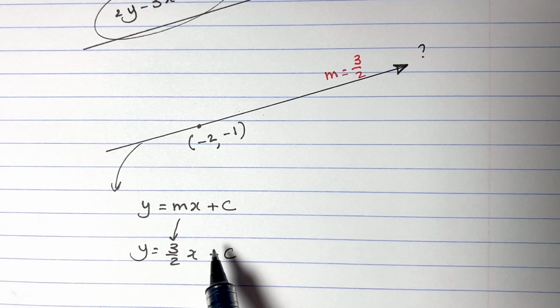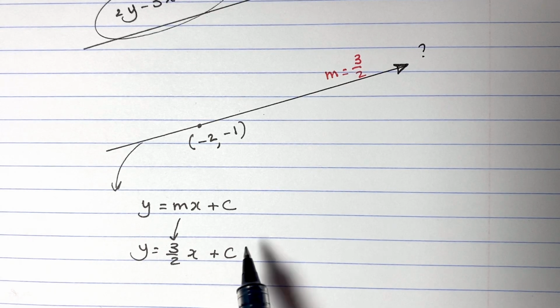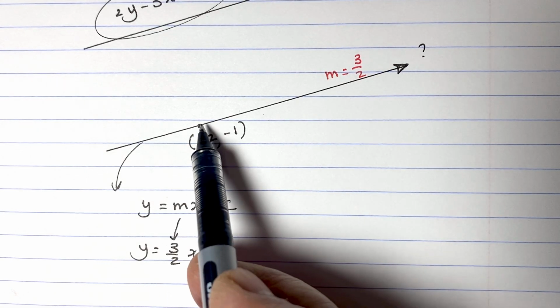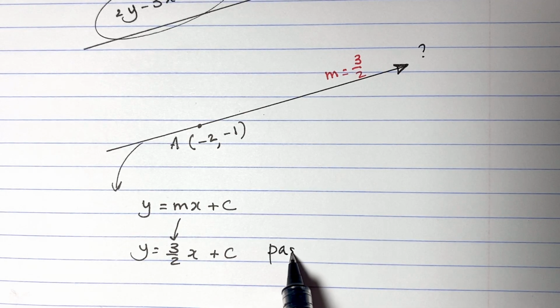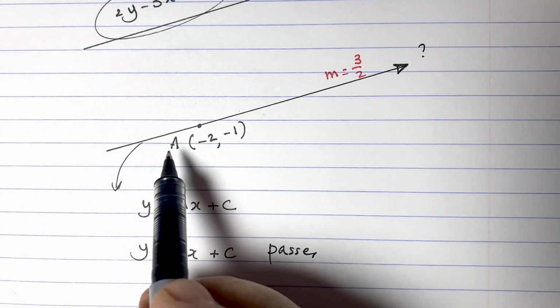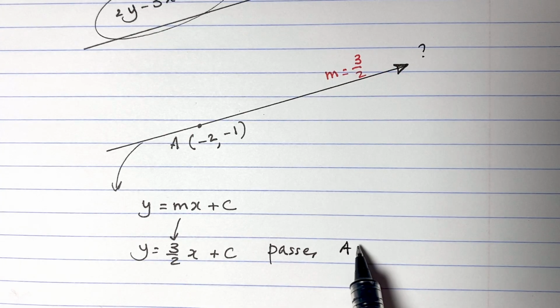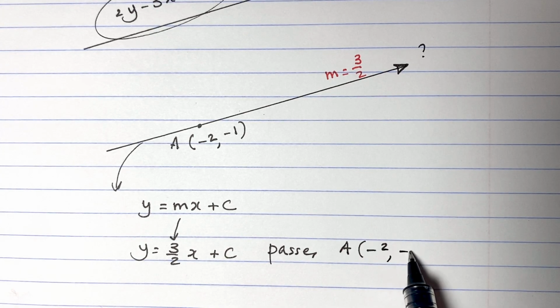Without any further information, I won't be able to find c. But I'm told this line passes through point A with the coordinates minus 2, minus 1: x coordinate minus 2, y coordinate minus 1.